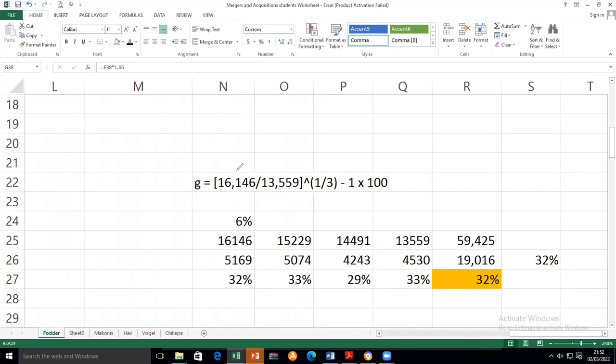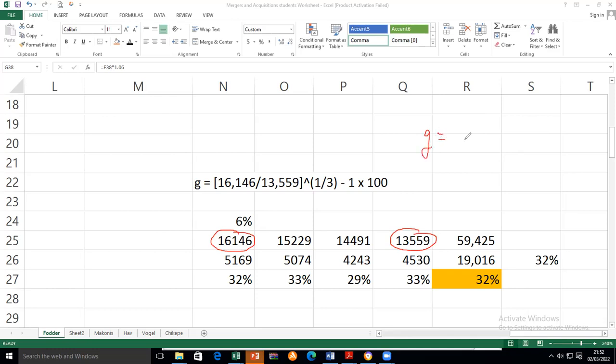Okay. So the 6% came from here, Mr. Mufwera. This figure grew from that one to this one. So the annual growth rate is 16,146 over 13,559 to the power 1 over 3.